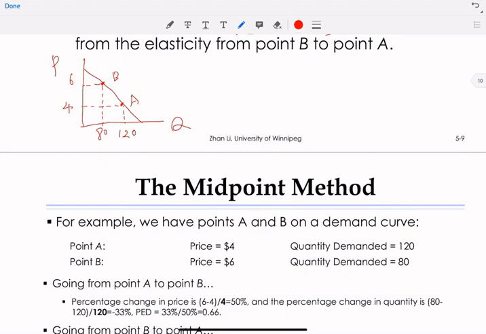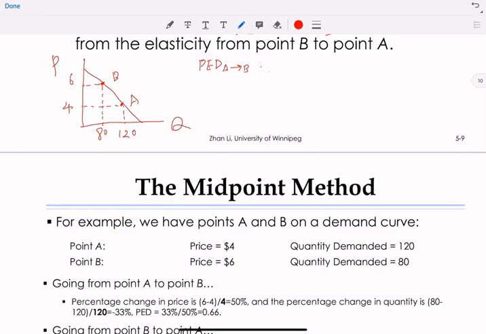Right? And now let's calculate the price elasticity. So let's calculate the price elasticity from A to B. Right? How do you do the calculation here? Well, first you have to find out the percentage change in quantity and the percentage change in price, right?